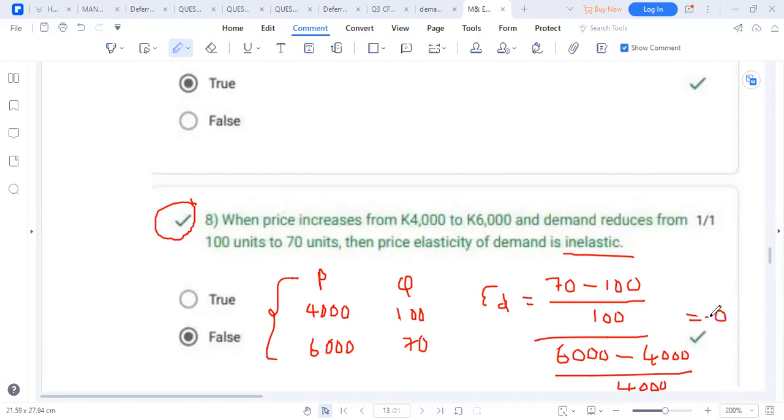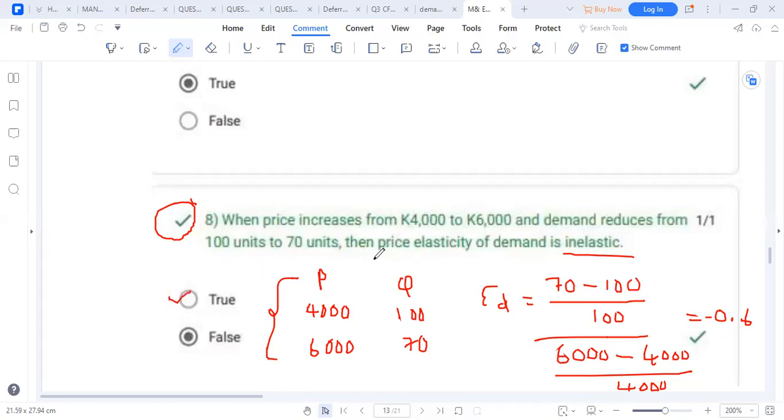0.6. Do you agree with her? Yes. Okay. So is it inelastic or is it elastic? It's inelastic. It's inelastic, so it is true, right?